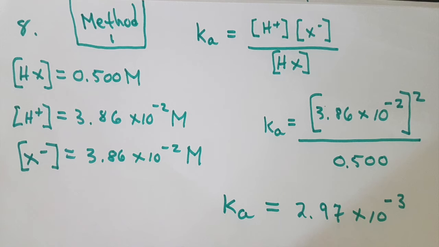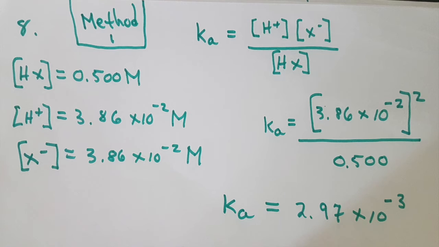So, method 1 says the HX concentration is going to be 0.500 molar. The H ion concentration is 3.86 times 10 to the negative 2 molar. Therefore, the anion concentration, or X negative, would be the same as the H ion concentration, which is 3.86 times 10 to the negative 2.